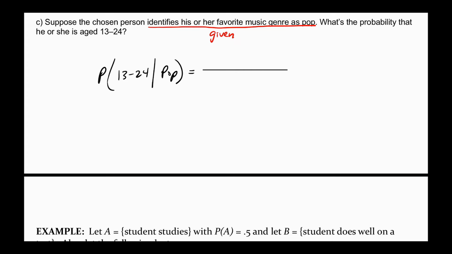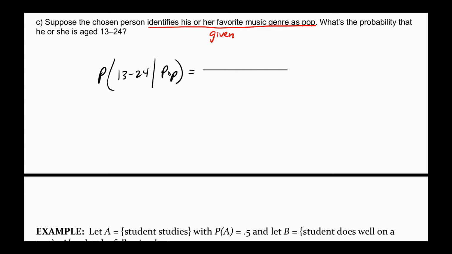So they're asking what the probability is that person's also 13 to 24. So anytime you have a given in words or in symbols, you automatically go to the general multiplication rule, because that's how we're going to solve it.